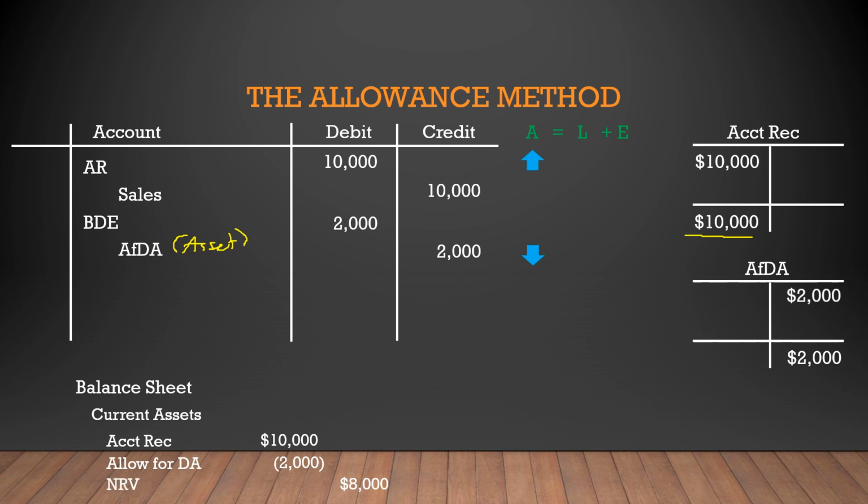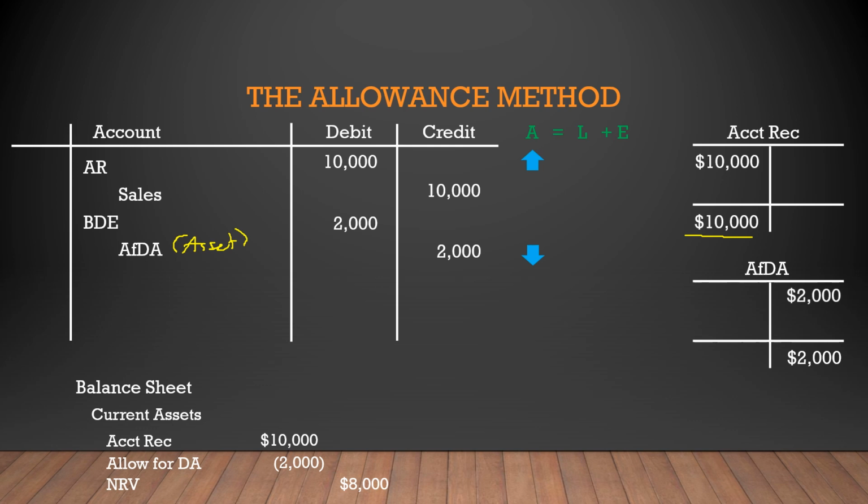In this instance, of the $10,000 gross AR that the company has, it reasonably expects to only collect $8,000 in cash. If it helps, think of AFDA as a holding account for the inevitably delinquent AR accounts.